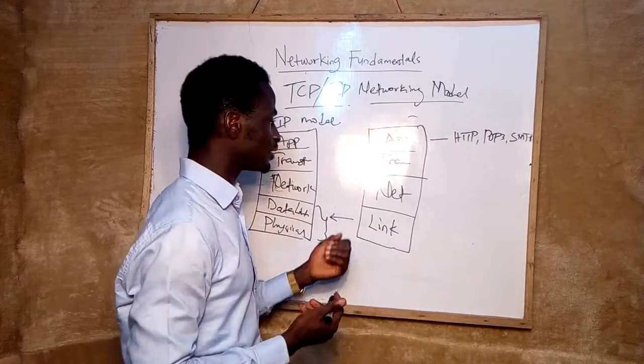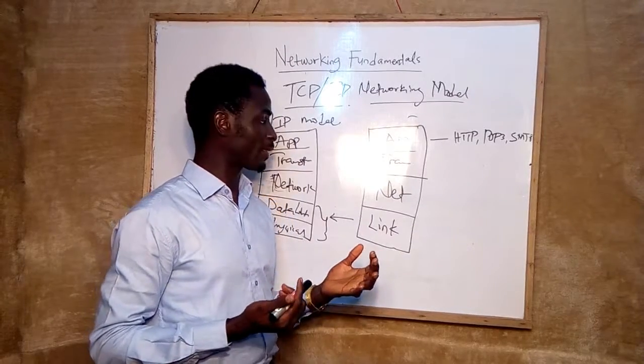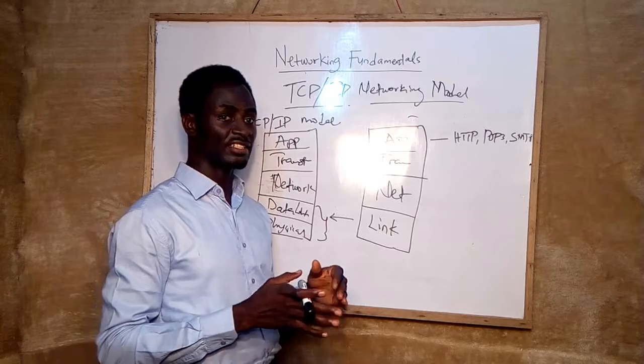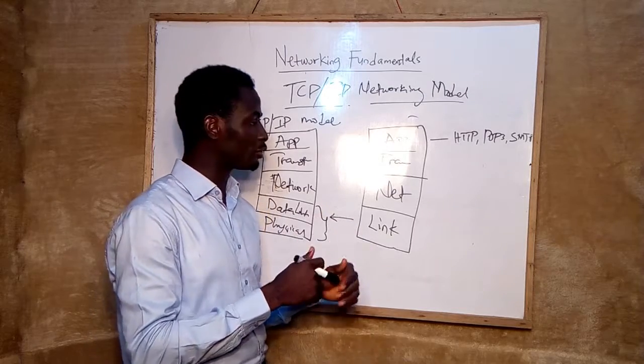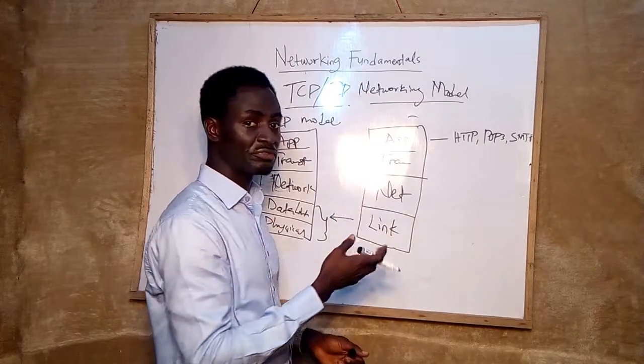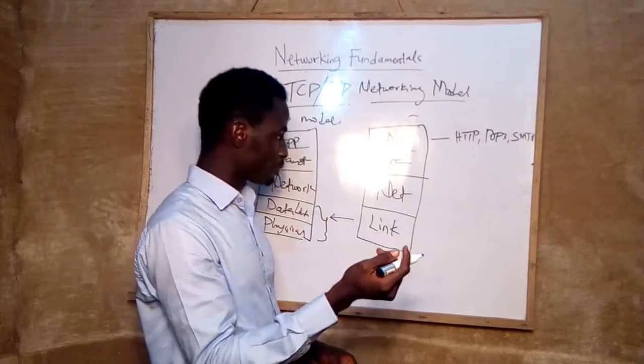So that is what a transport layer defines. It defines how data is delivered. So the transport layer is responsible for the delivery of data from one computer to another computer.